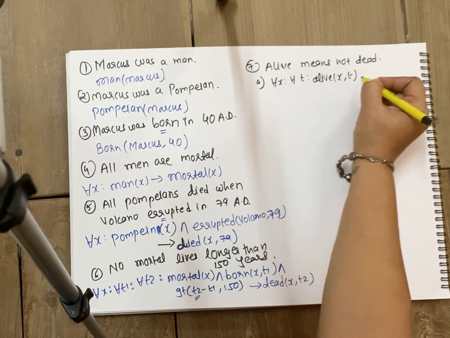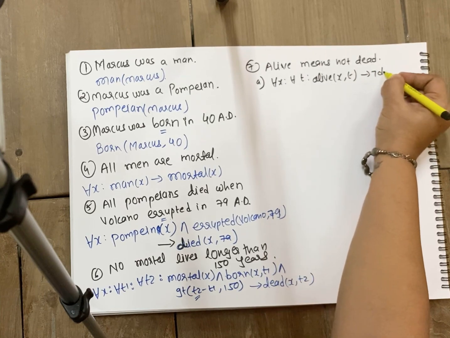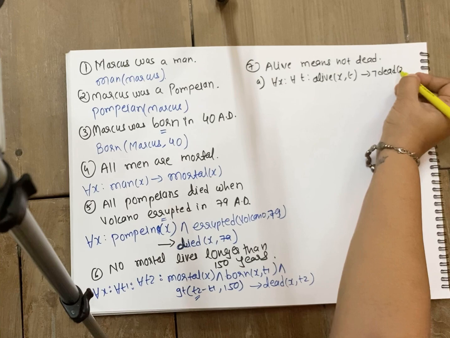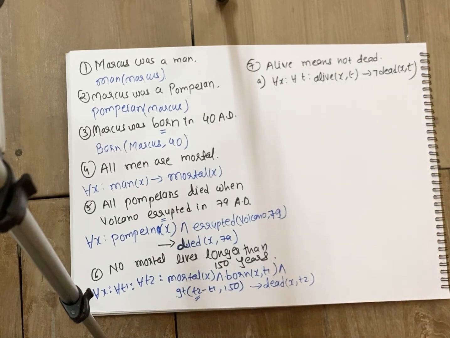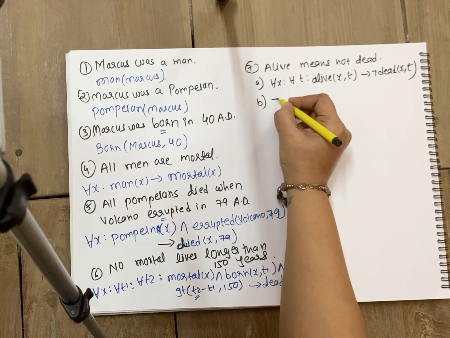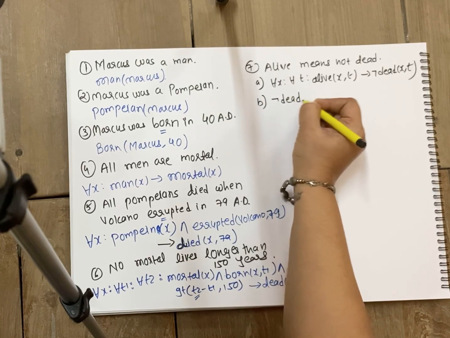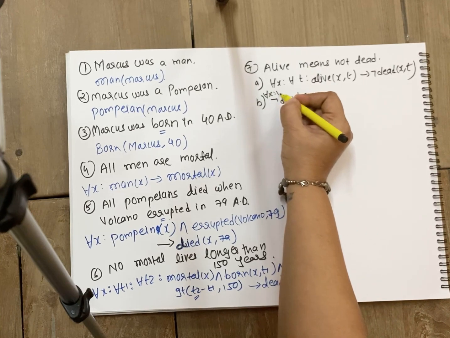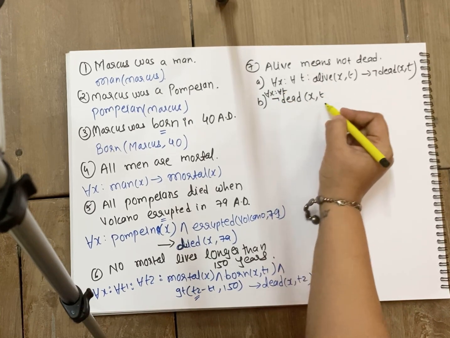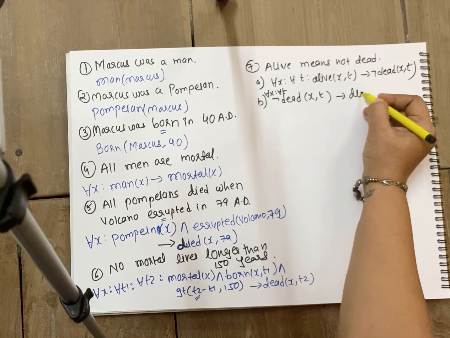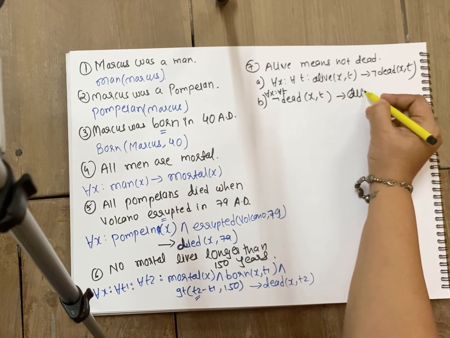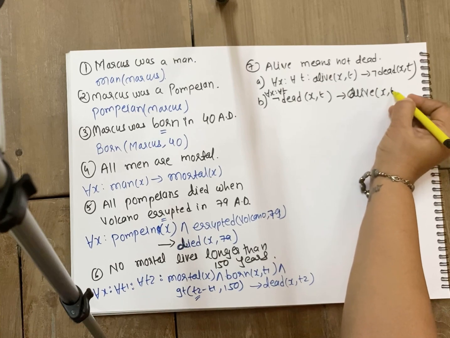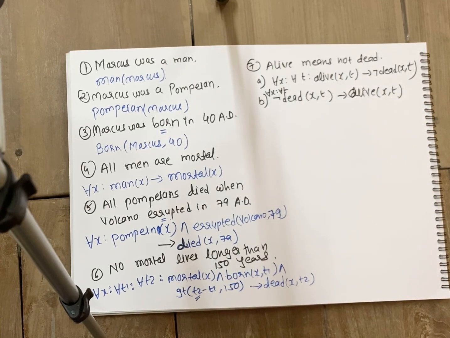If X is alive at time T, it implies not dead(X, T). Are you getting this? Similarly, this can be written as not dead(X, T). Again, for all X, for all T, not dead(X, T) implies alive(X, T). Are you getting this?